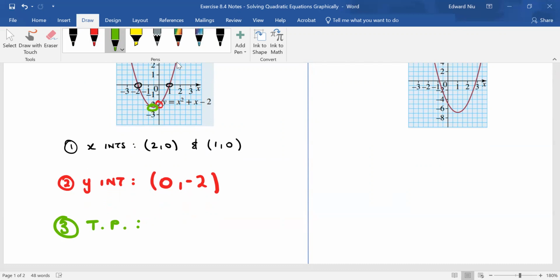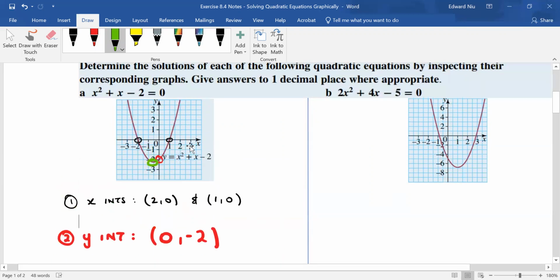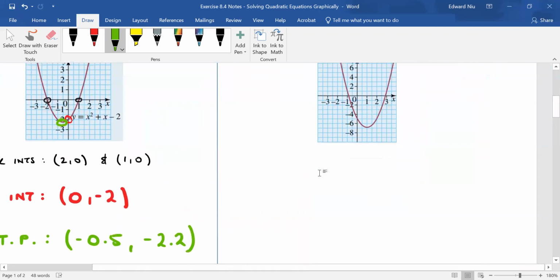That looks to be at approximately, so this just has to be approximate, -0.5 on the x, because it's going down there as -0.5, we can see here. And then that looks to be about, maybe like 2.2, -2.2 on the y plane. So those are the three features that you have to look out for in each and every graph.